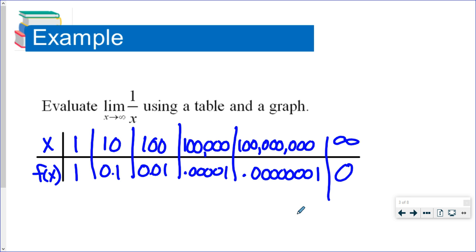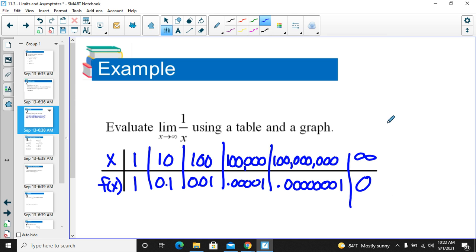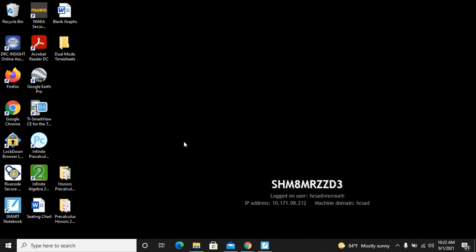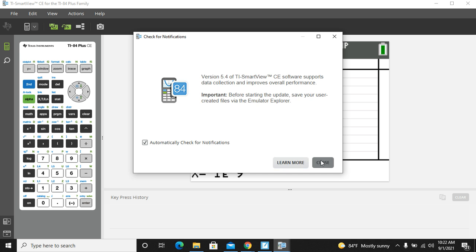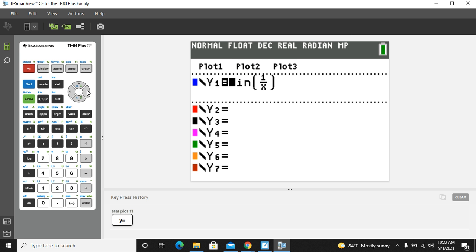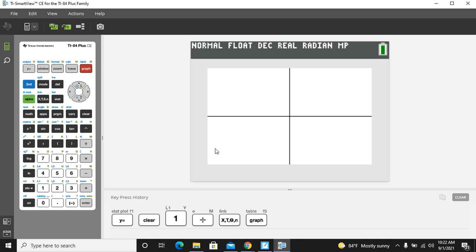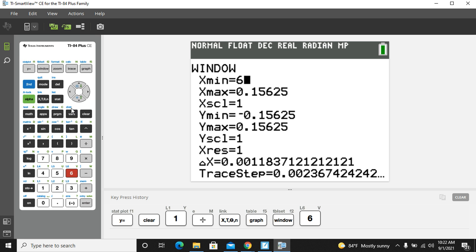Okay, so now let's look at this graphically. If we go to y equals and we simply do 1 over x, we probably need to fix our window here.